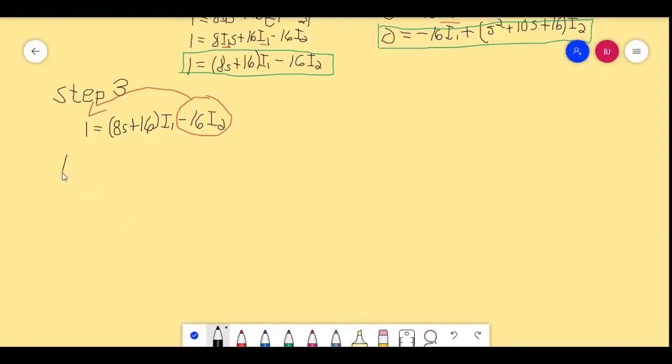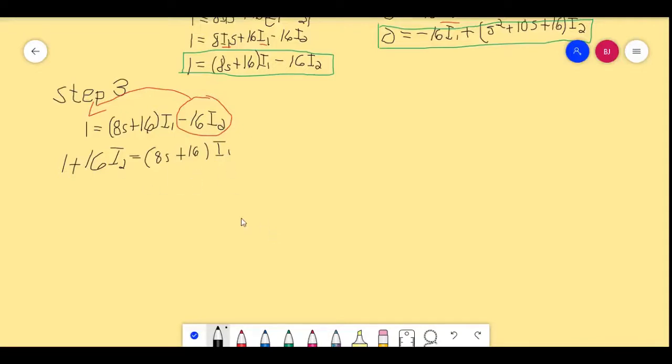So this would now become 1 plus 16I2 equal to 8s plus 16. Okay, so I have the variable I2 on the other side.